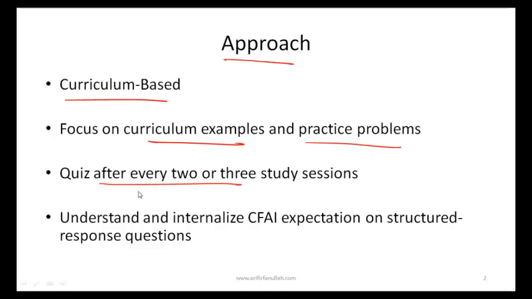So especially if you are weak at something like this, those who are attempting this exam a second time maybe, will probably realize that you need practice over an extended period of time to be able to do well on these structured response questions. Now, speaking of structured response, the CFA Institute has some expectation about how you respond.